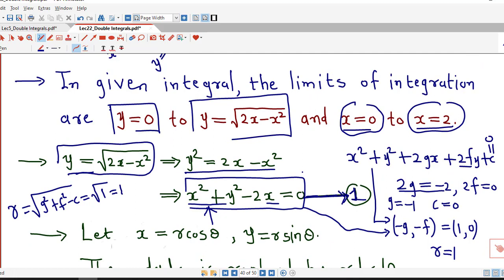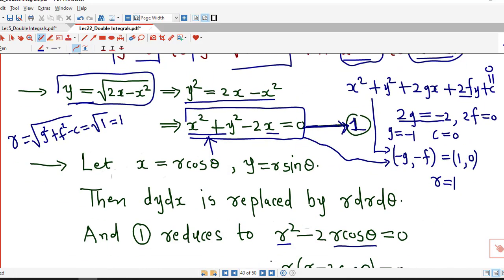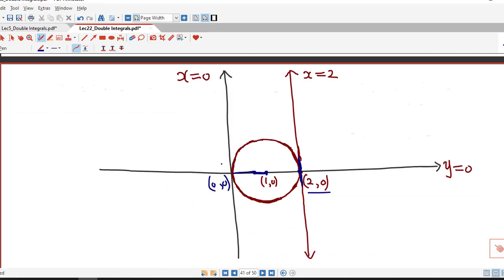Now our limits are x in between 0 and 2 and y starts from 0 to y equal to under root 2x minus x square. So x is in between 0 and 2 and y is starting from 0, and we have to go up to this upper boundary of the circle.